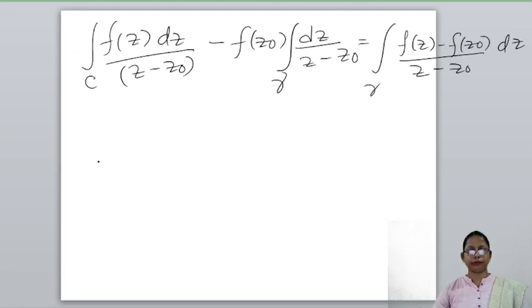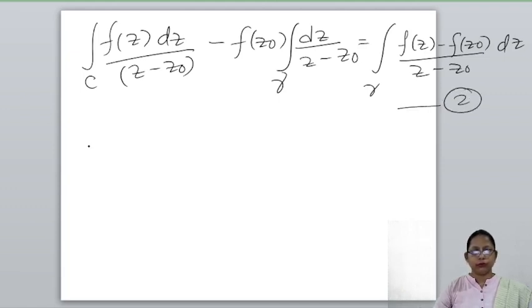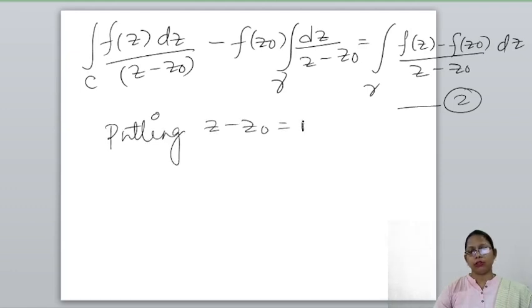Put this as equation 2. Next, put z minus z naught equal to r e to the i theta. That is the equation of the circle.